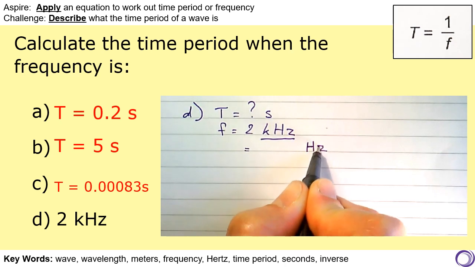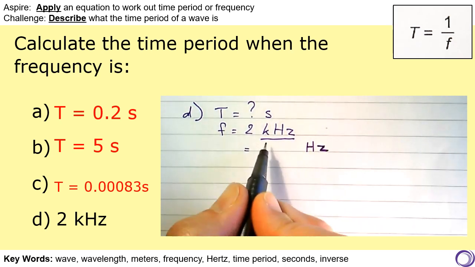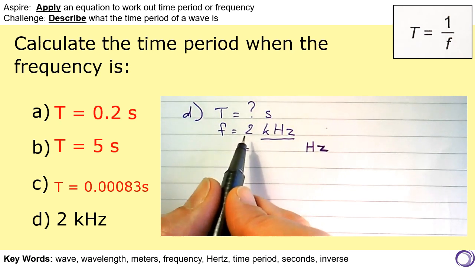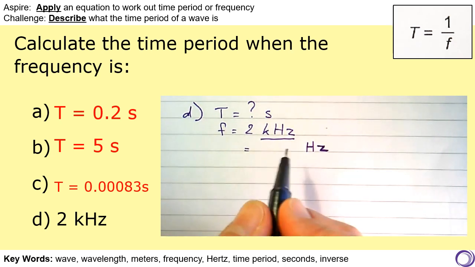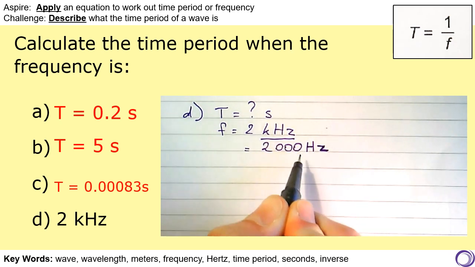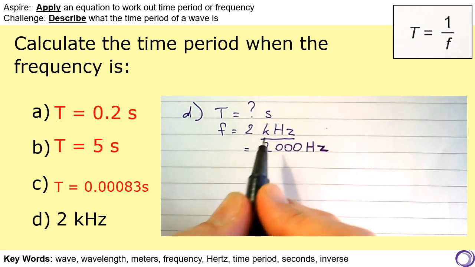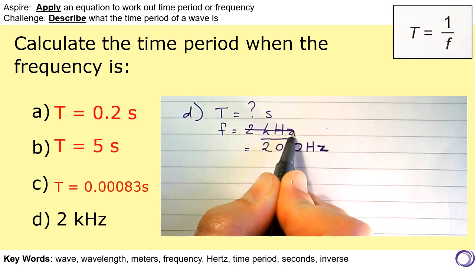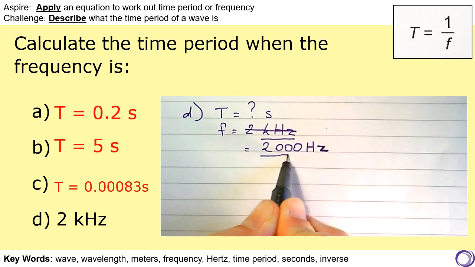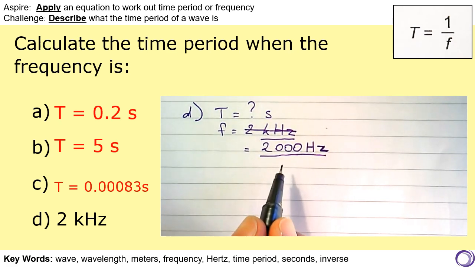Now an easy one to remember is that the word kilo just means 1,000. So if I have 2 kilohertz, that is the same as saying that I have 2,000 hertz. So I'm not going to use 2 kilohertz in my calculation. I am going to use 2,000 hertz instead.